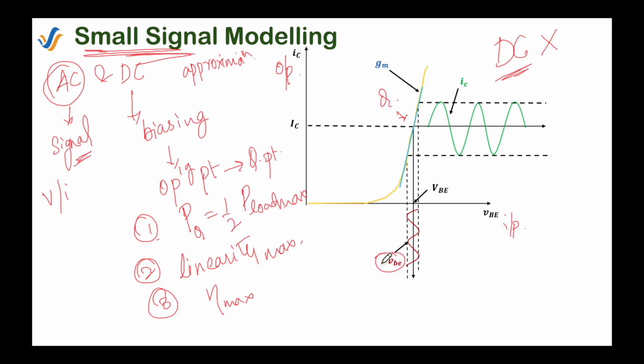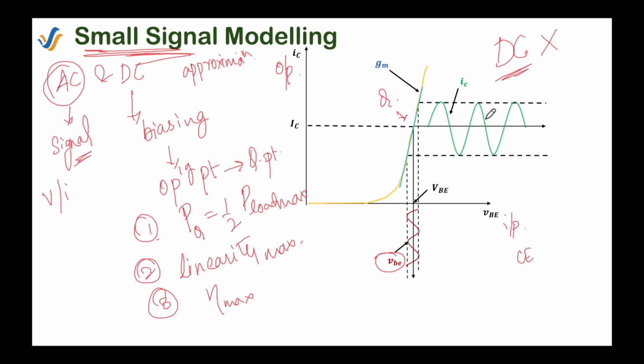Here we will use the term approximation, and this approximation implies that for small signal operation the signal amplitude, this is the signal VBE which is given as the input to the common emitter circuit, should be sufficiently small so that operation is restricted, or confined, to an almost linear segment of the input-output curve.